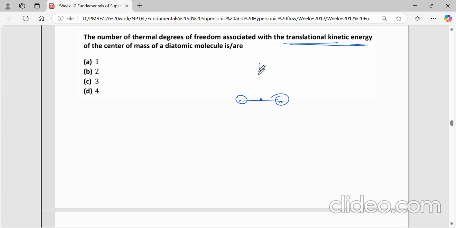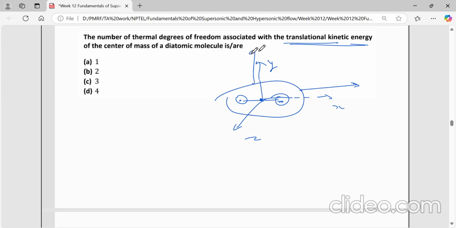Let's say there's a Cartesian coordinate system on the center of mass, x, y, z. Then you can see that this molecule can move in the x direction, the y direction, and the z direction. So it will have 3 degrees of freedom.